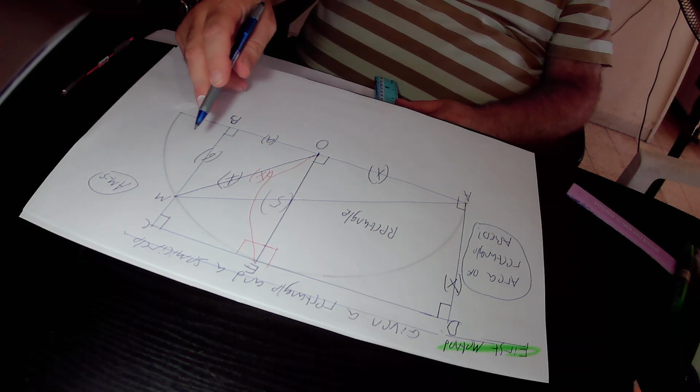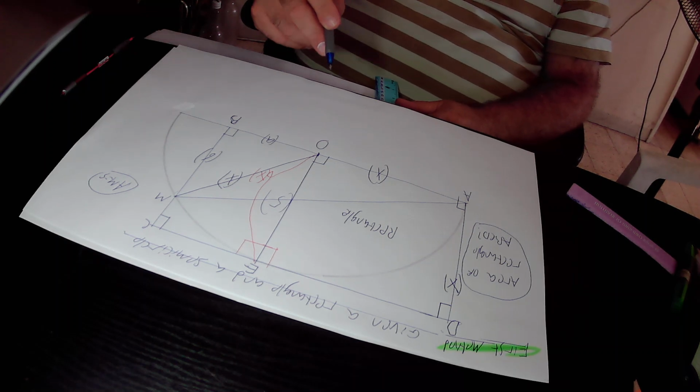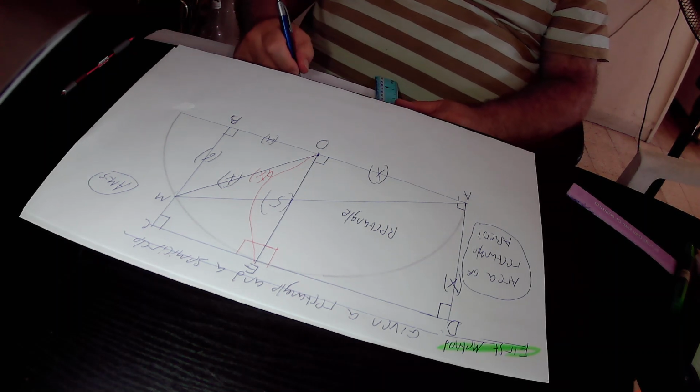The hypotenuse OM equals x units in its length. It is actually also the radius of the semicircle.